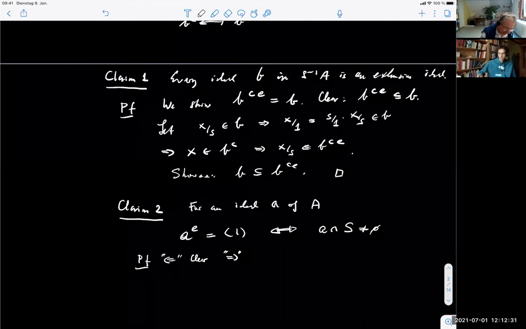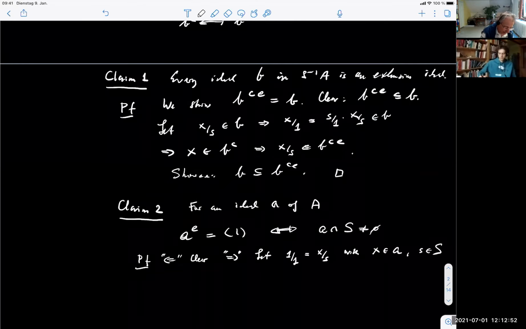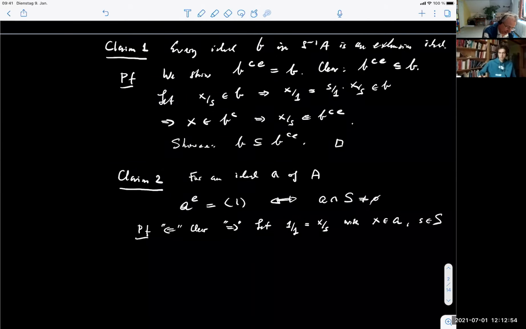I'm always very careful here. So let's assume the one in the extension ring, 1/1, can be written in the form x over s with some element x in the ideal A and s in capital S. Now I just have to multiply.